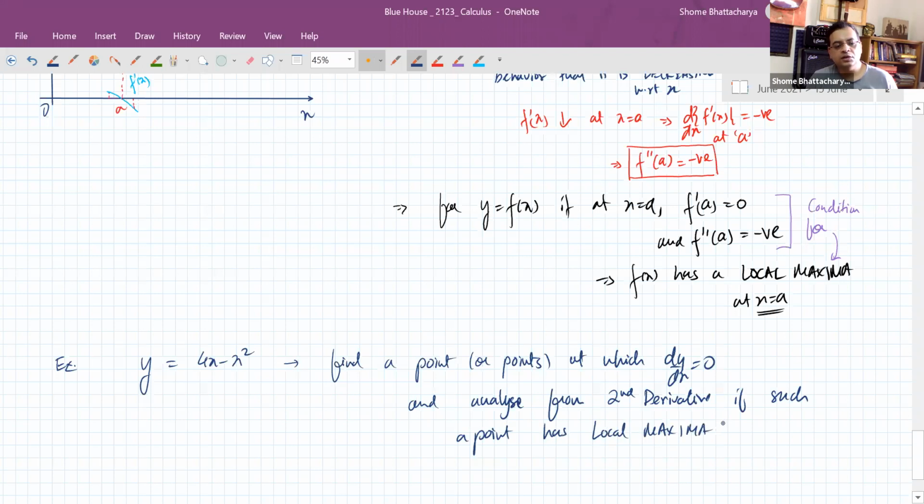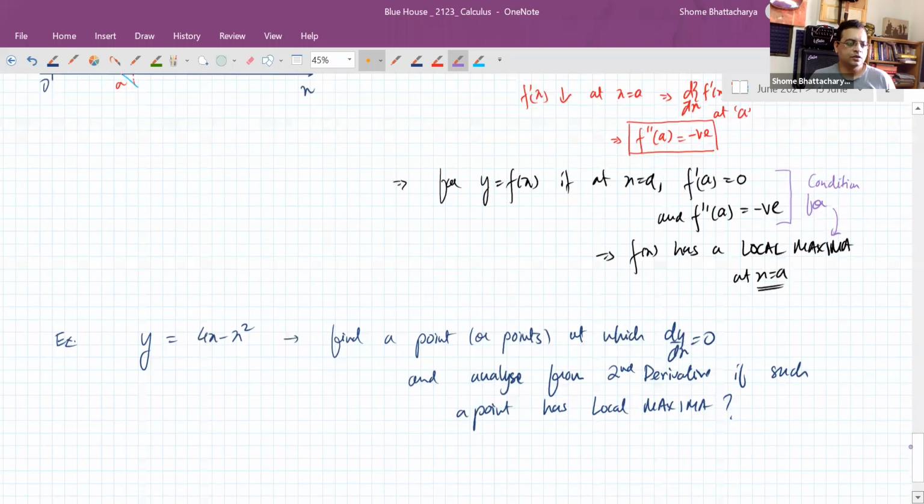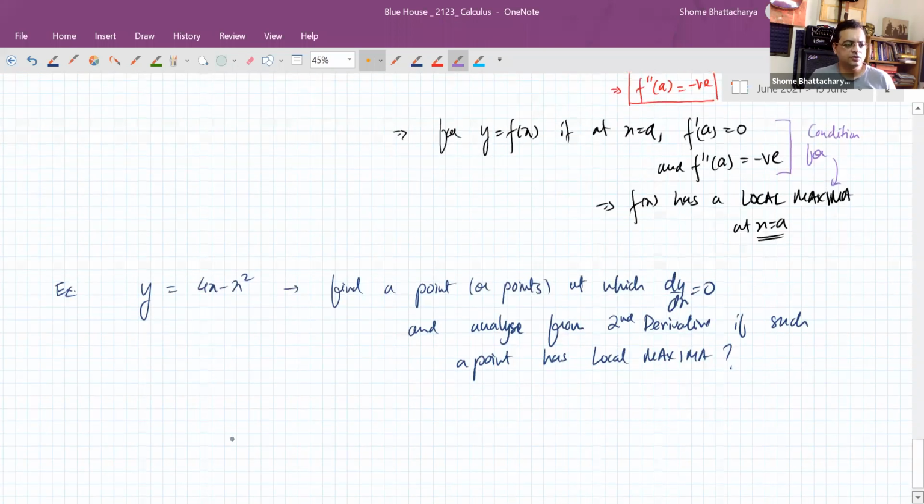I'm not talking about local minima yet, I'll come to that, but let's just understand from this. So we have to just apply this condition for local maxima now, that derivative should be 0 and second derivative should be negative. Let's apply this concept to this function now.